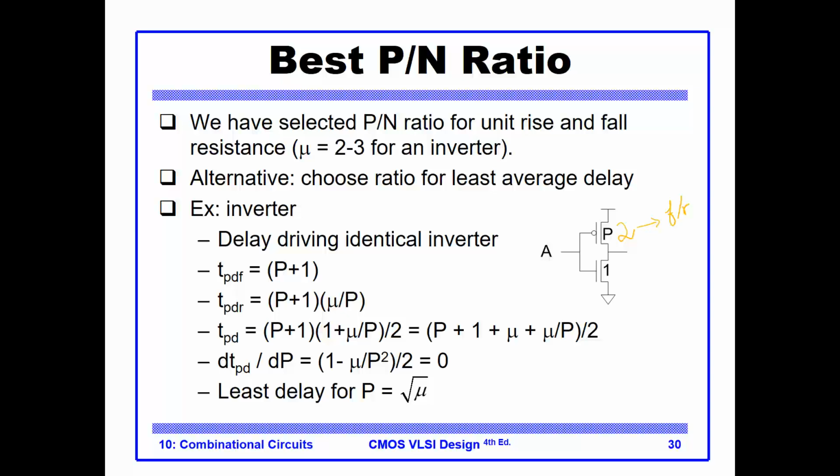Well, what we are doing in this slide here is that we say, assume that we have a P here. And we want to find a P such that we are optimizing the delay. We are really optimizing the average delay. Okay, so the average delay, suppose here we will compute the fall delay and the rise delay.